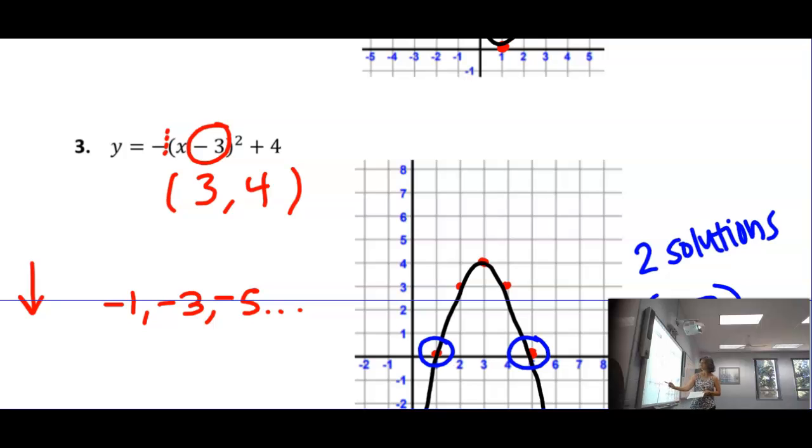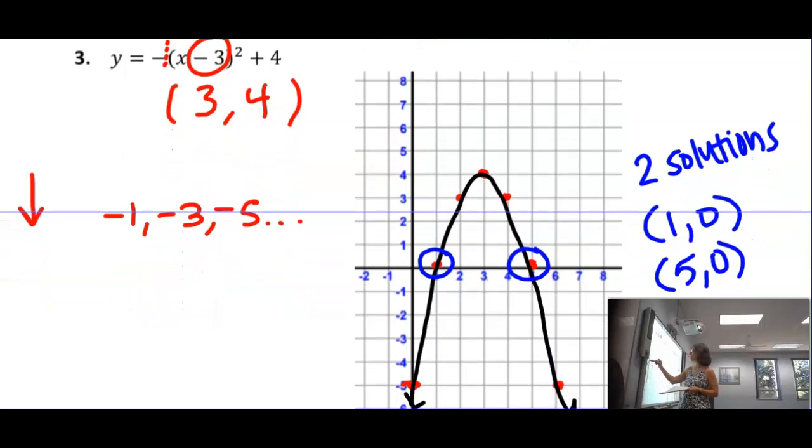So -1, -3, -5. Our building numbers don't actually change. There's not a number in front of there, but they do go down. So this is a maximum this time. It's the highest point. And we look at where the intercepts are, and the graph goes through at 1, 0, and it goes through at 5, 0.